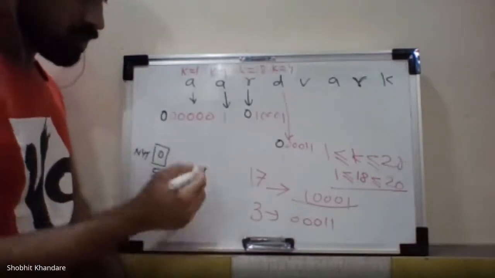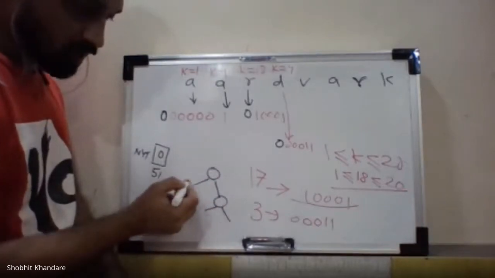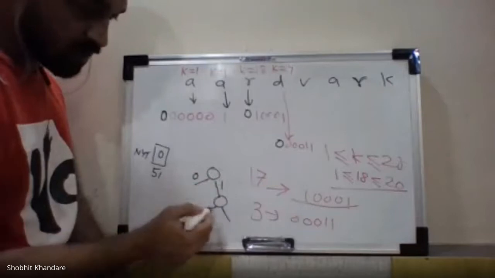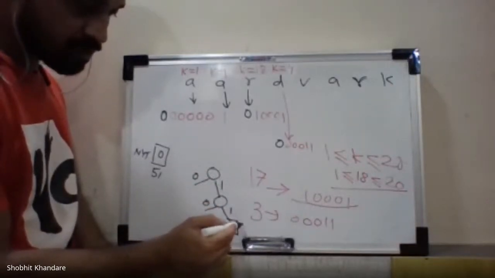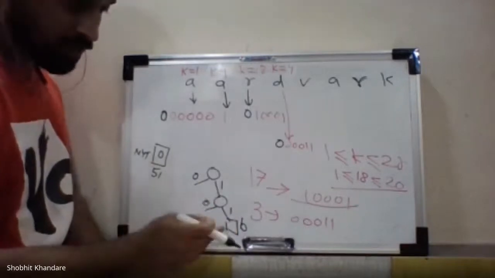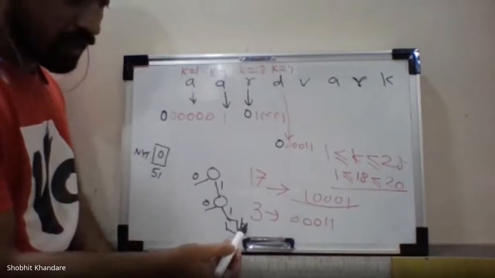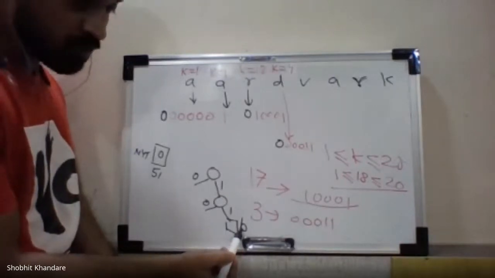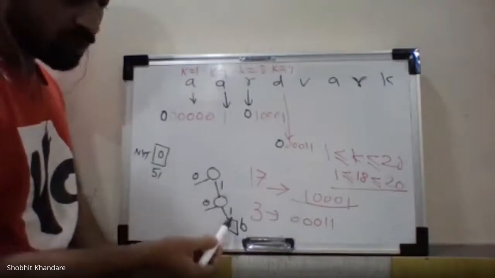And I already have told you, if I'm talking about such type of node, left side is 0, right side is 1, left side is 0, right side is 1. And suppose here I'm having a symbol, suppose B. And if I'm asking you, tell me the code, I'm not talking about the fixed code for B now. If I'm asking you, tell me the code for B, you will start from root, you will say, sir, it is 1, 1.